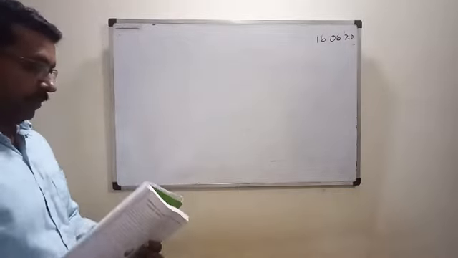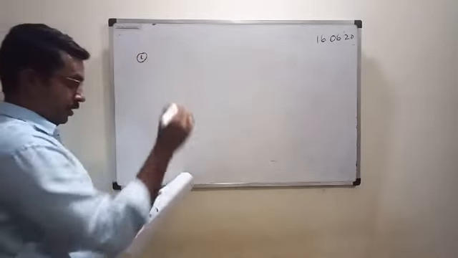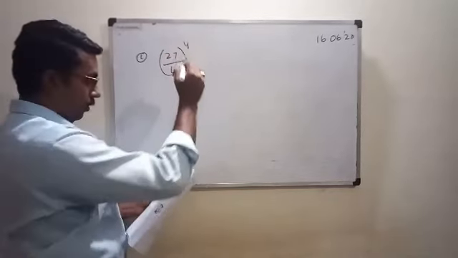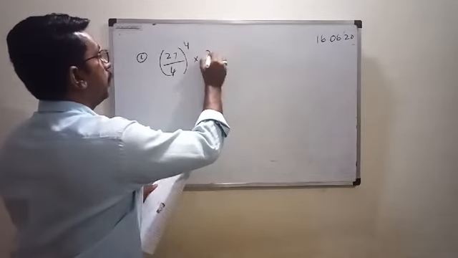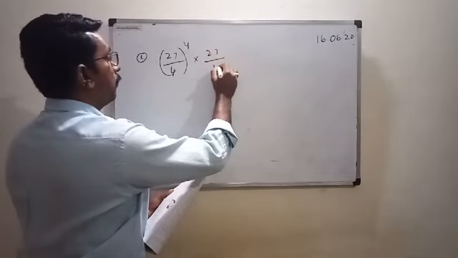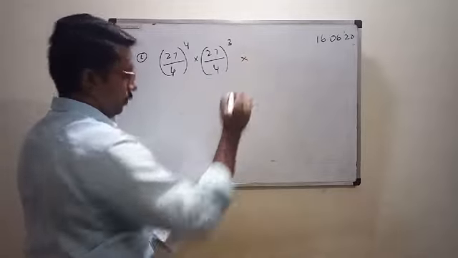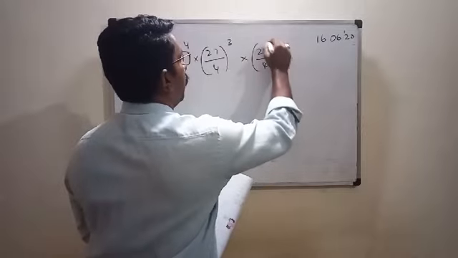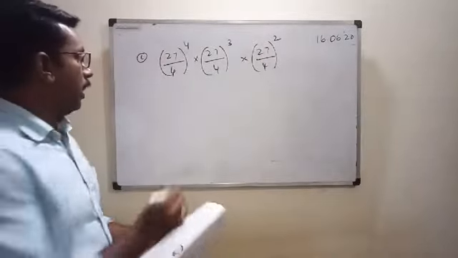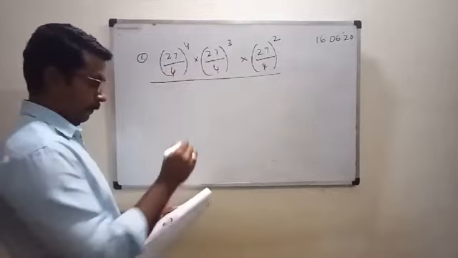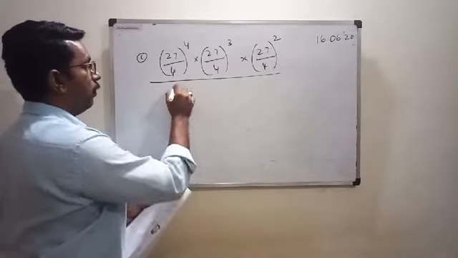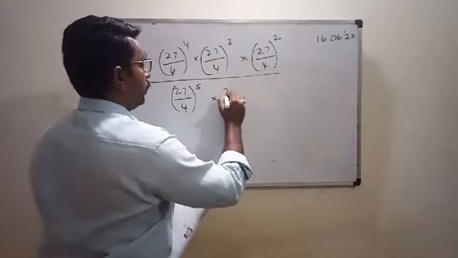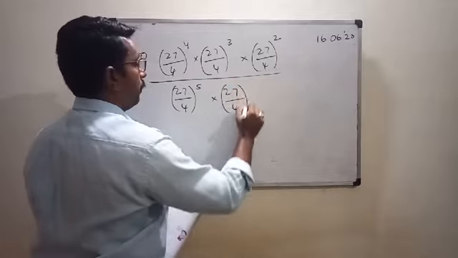Question number 2C. 27/4 to the power 4 into 27/4 cube into 27/4 whole square, divided by 27/4 to the power 5 into 27/4 to the power 6.